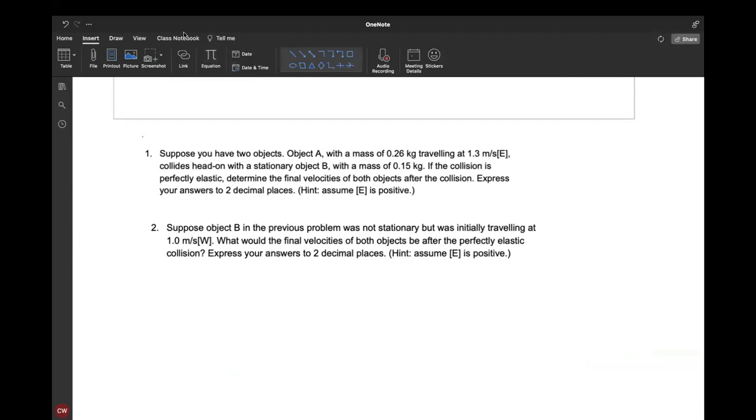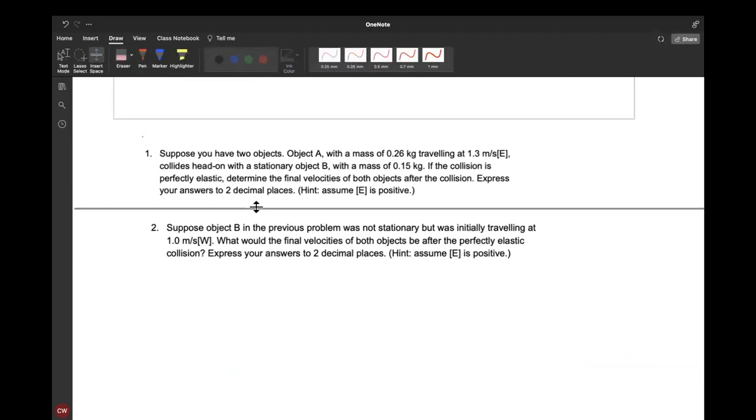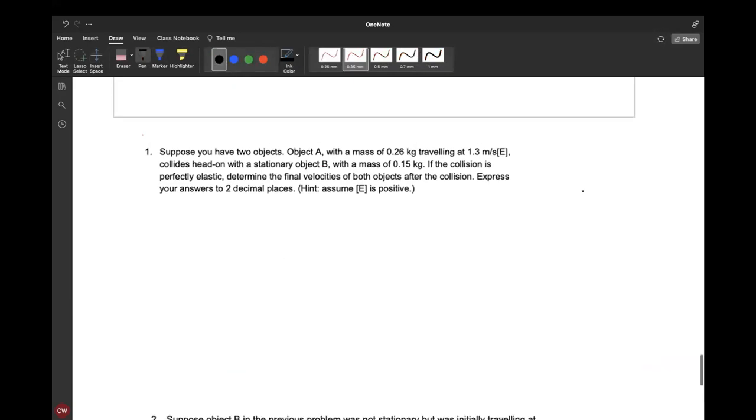Okay, question 2.14. Suppose you have two objects. Object A with this mass travels to the east. Head-on collision. A is moving with 1.3, with a mass of 0.26, and collides with B. B is not moving, and its mass is 0.17 kg.